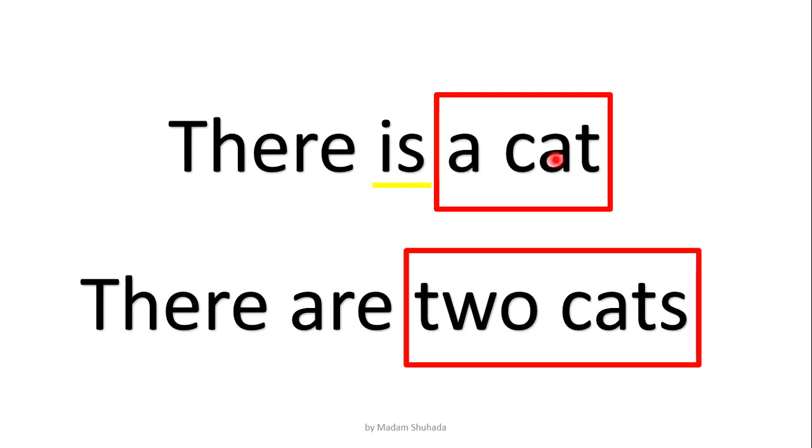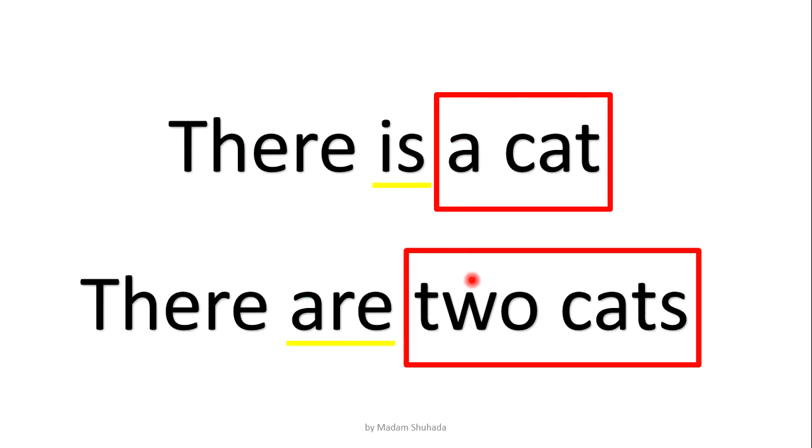Is a cat plural or singular? Yes, singular. Just one, there is one cat. Singular, single. So we use is. 2 cats, 2 cats means plural, more than one. So we use are. There is a cat.